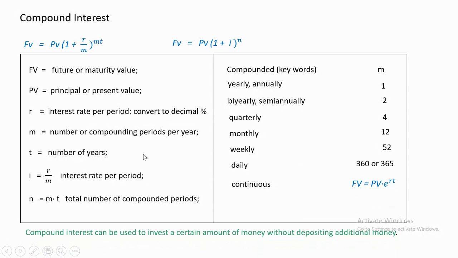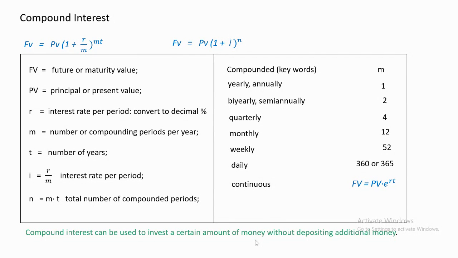Okay, so let's start with some examples. Compound interest can be used to invest a certain amount of money without depositing additional money. In other words, say you had extra money, like about $10,000 or $5,000, whatever the amount you have, just sitting at your house, and you want to put it in the bank and earn some interest.